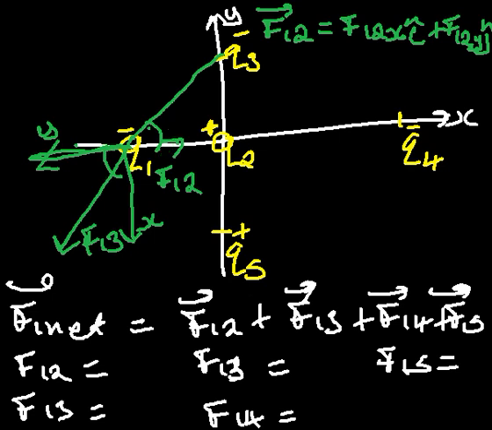Then, what are the components of the force F13? You'll have F13 as a vector, with X components as well as Y components. Now you see that the X component is going in this direction. Since it is negative, it will be given as negative F13x, that is i.